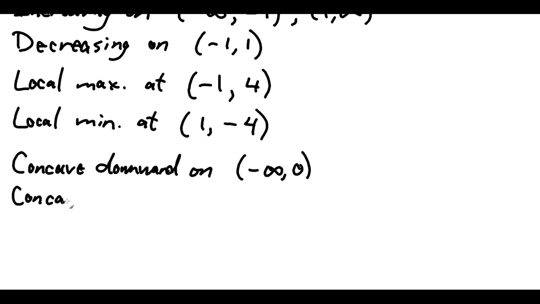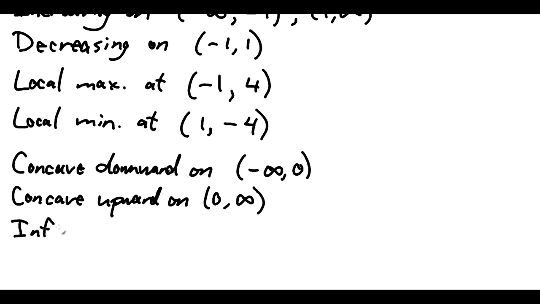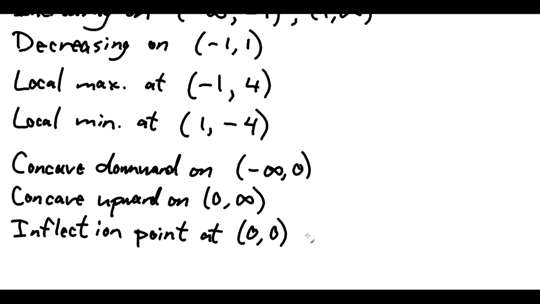And concave upward on the interval from 0 to infinity, with an inflection point because it switches concavity at a point that is in the domain of the function. When x equals 0, and we've already evaluated, we know that y is equal to 0 there.